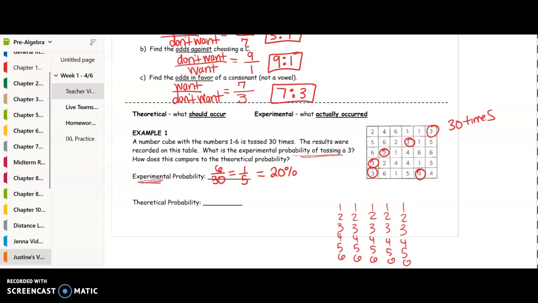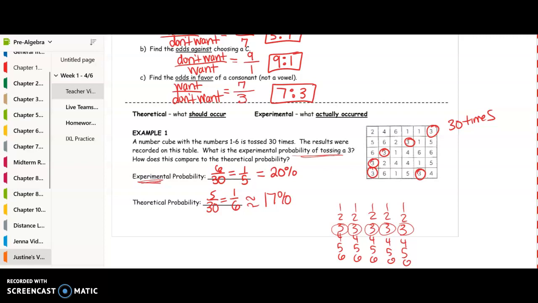So if we tossed it 30 times evenly, we should get 5 threes out of 30. Okay, so that would be 1/6 of the time. So we should get a 3 1/6 of the time. This is about 17%. Okay, but when we actually did the experiment, we got a 3 20% of the time.